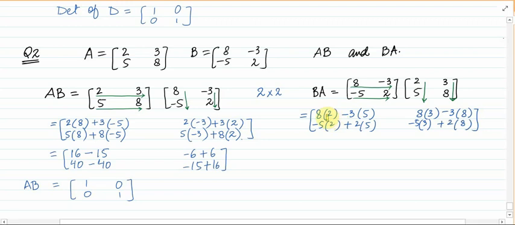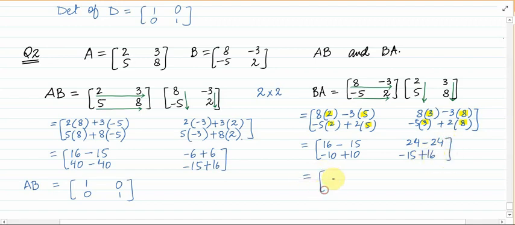In order to check your solution, make sure that these numbers are the same, right? After that, further simplify it. 8 times 2 is 16 minus 15, minus 10 plus 10, 24 minus 24, minus 15 plus 16.